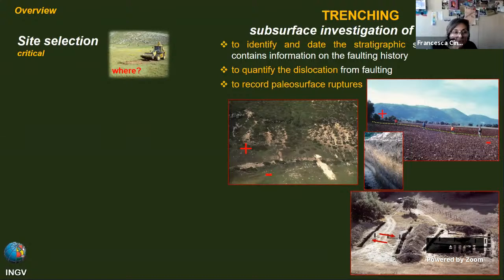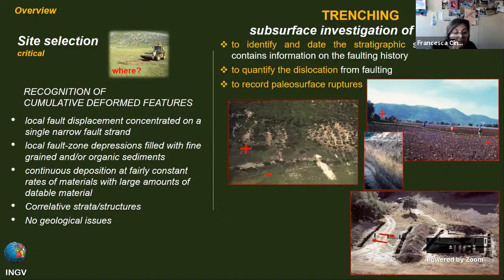Before we dig a trench, we should have a really clear idea of where the fault line is, and in particular we should recognize the cumulative deformed features first. And then we have other points to look at.